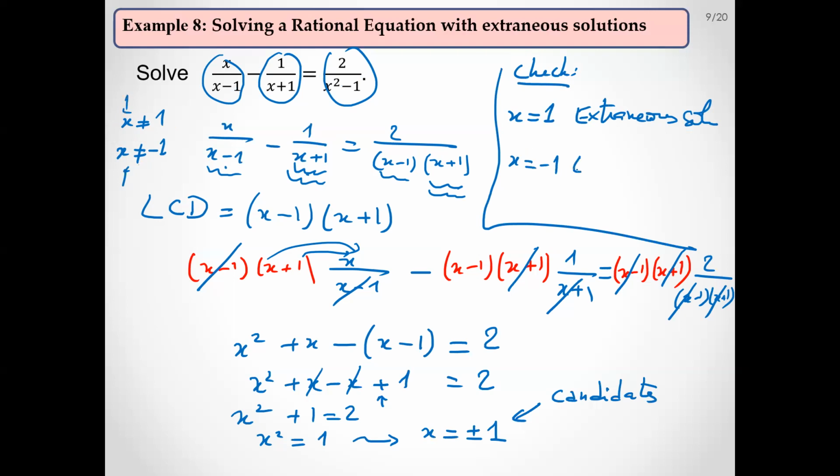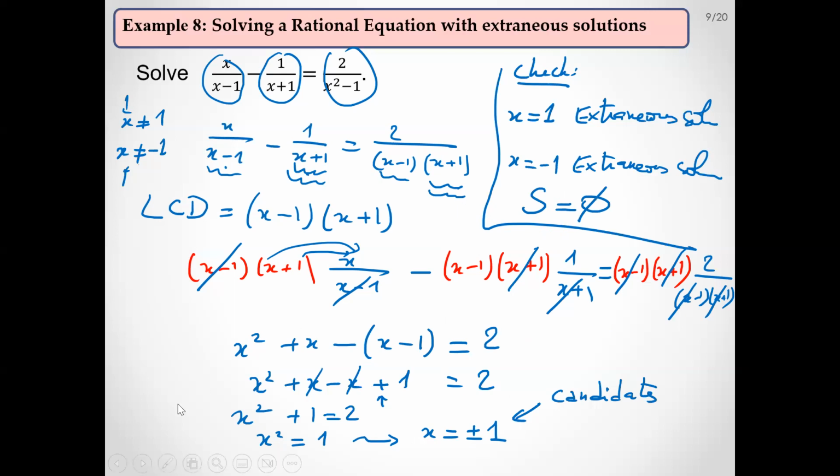It's an extraneous solution also. Okay, so finally, the two candidates are not accepted. So the solution set is the empty set. Sometimes you have two, one you accept and one is extraneous, or you may accept both. Okay, it depends on the example.